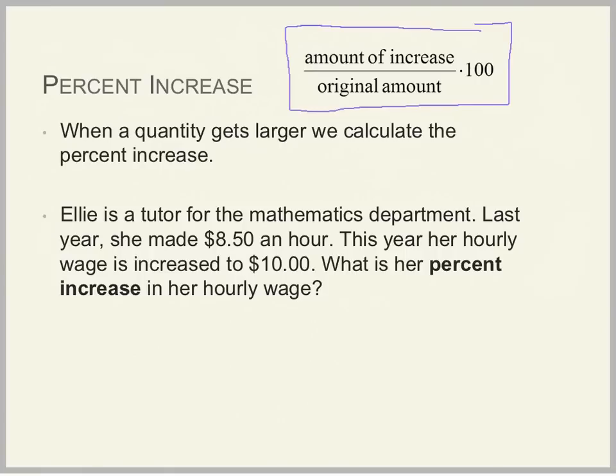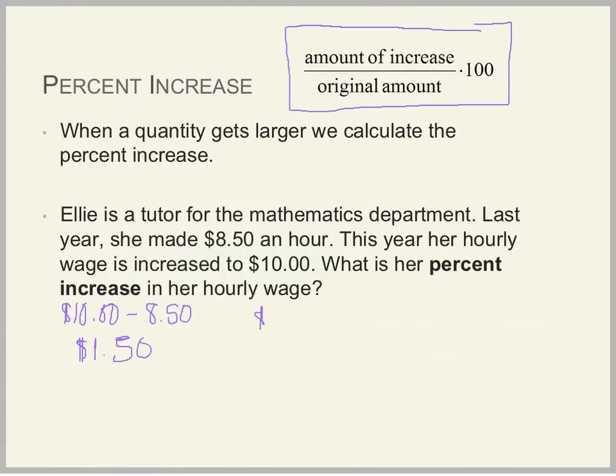So Ellie is a tutor for the mathematics department. Last year she made $8.50 per hour. This year her hourly wage is increased to $10. And Ellie wants to know what is her percent increase. So we look at the amount of increase. She now is at $10, but we have to take away last year's salary of $8.50 to see her amount of increase was $1.50.